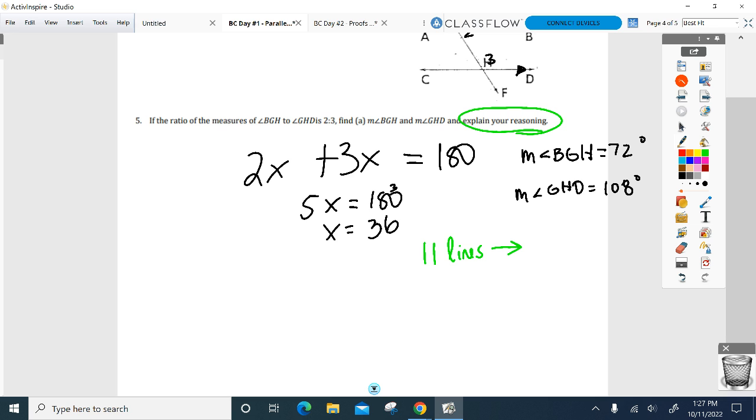So I say same side interior angles. And then you tell me what we know about them. Are supplementary. And tell me what type of angles you have and if they're congruent or supplementary.